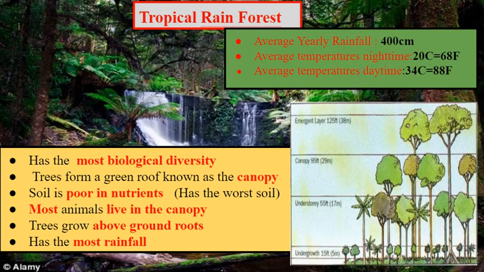This is going to be because our tropical rainforest is only going to have one season. Can you guys guess what that season is going to be? Our season that our tropical rainforest has is summer. So since it only has one season, we're going to be talking about the average nighttime and the average daytime temperatures.